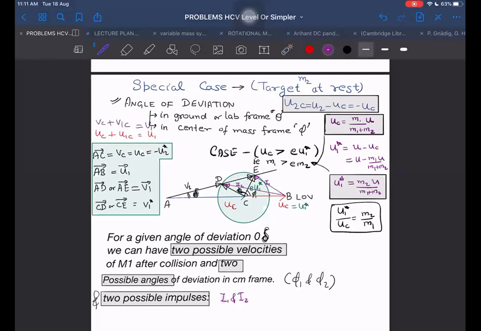The advantage of this approach is that VC is exactly equal to UC, no difference at all. And V1C we also know in terms of U1C. V1C will be e times U1C. Therefore, this approach is better.